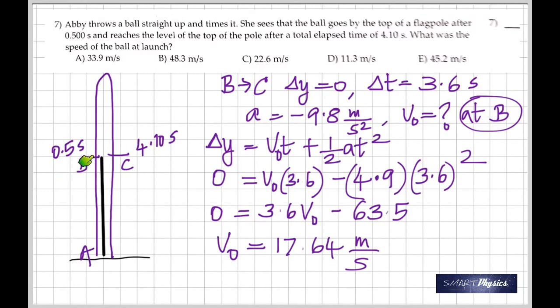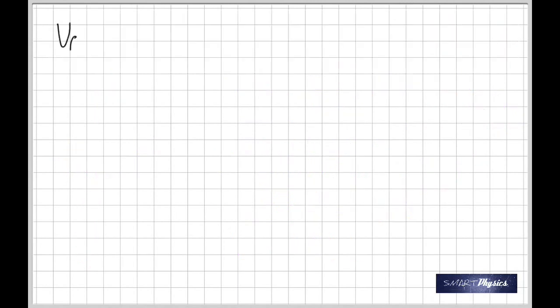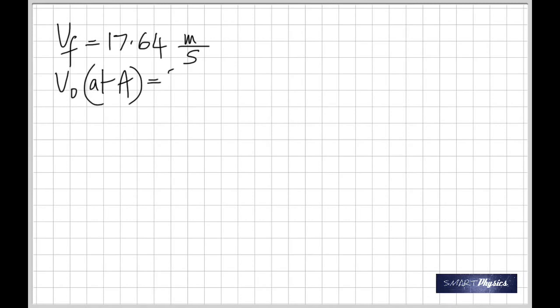Now from there we can find the initial velocity at A, because when you take the part AB, the 17.64 becomes the final velocity here. Then we can find the initial velocity with which it was launched, because we know the time is 0.5 seconds. So the final velocity is what we got just now. Initial at A is what we're trying to find.